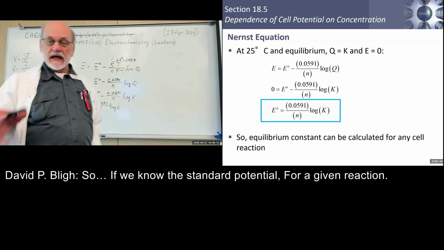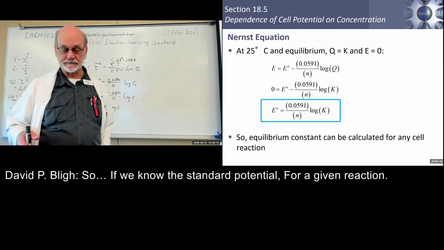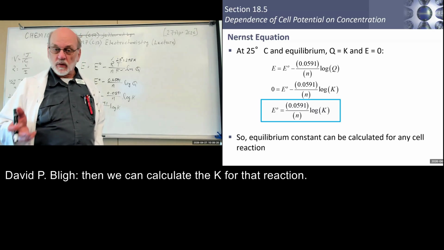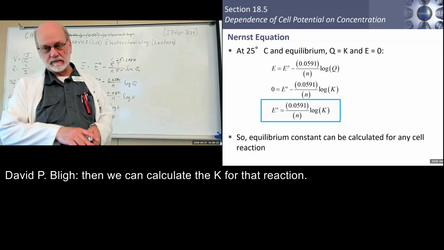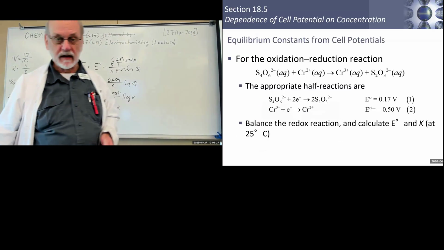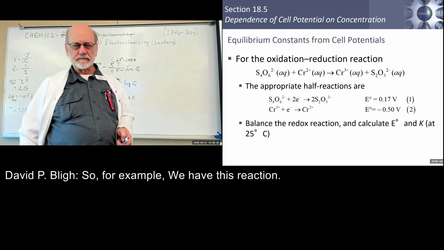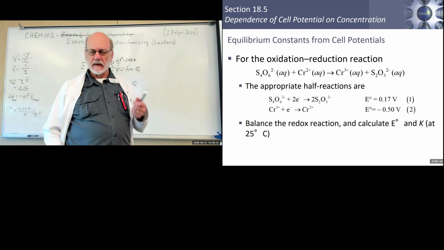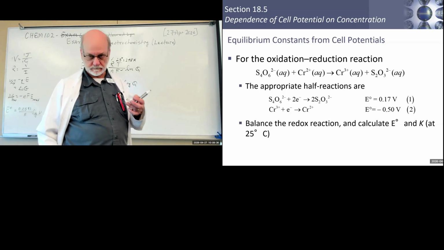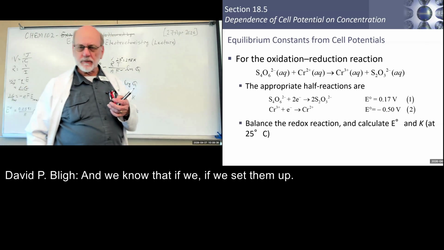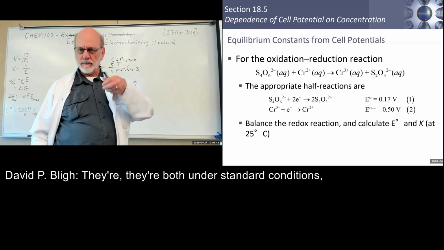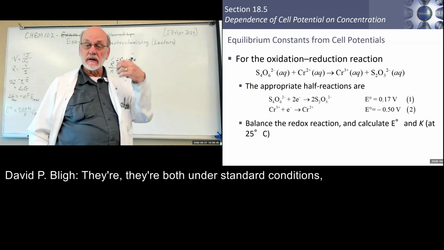So if we know the standard potential for a given reaction, then we can calculate the K for that reaction. So for example, we have this reaction where the half reactions are given. And we know that if we set them up, they're both under standard conditions.